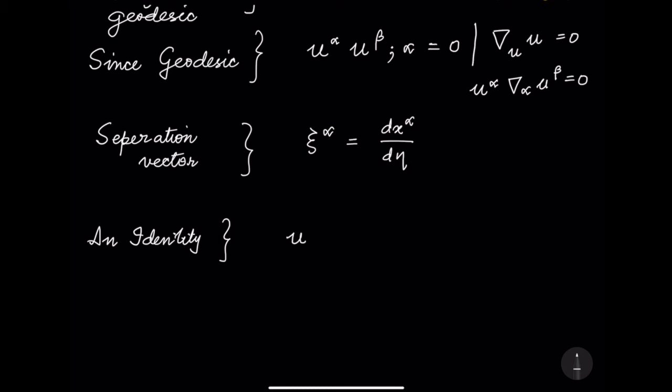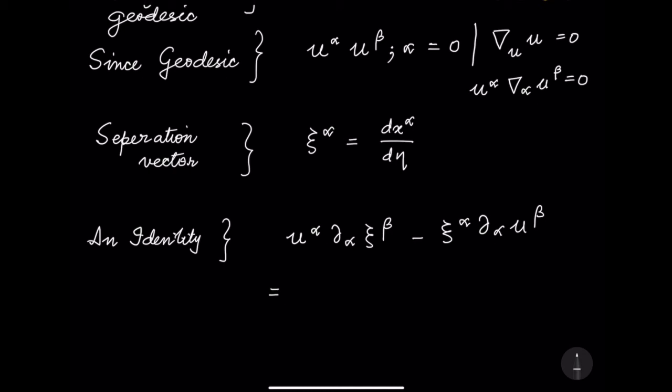So u alpha, I take a covariant derivative of xi beta like this, and I calculate this minus this quantity.